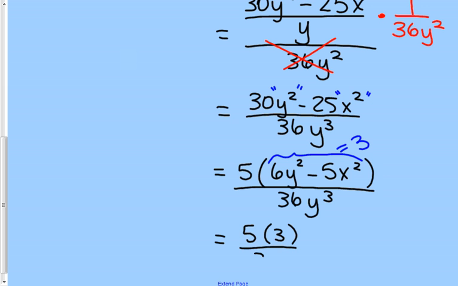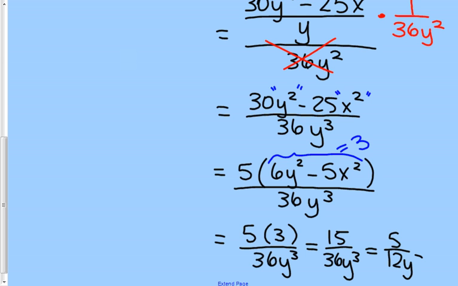Didn't that clean that up just beautifully? I mean, it's a much simpler equation now. So 5 times 3, that's 15 over 36y cubed. And yes, I can simplify that, right? Because 3 goes into both numbers. 3 goes into 15 5 times, and 3 goes into 36 12 times. And there's my answer. Okay? The second derivative is 5 over 12y cubed.